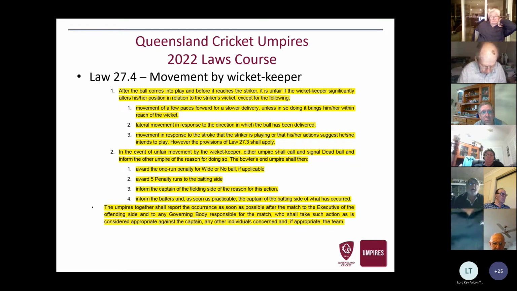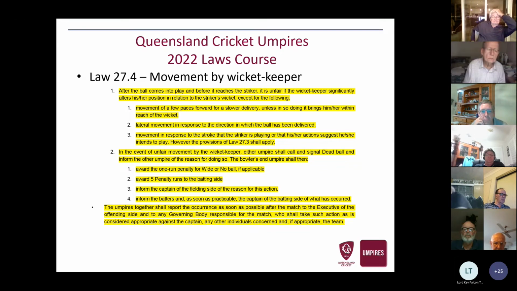So movement of a few paces forward for a slower delivery, unless in so doing brings them within reach of the wicket, lateral movement in response to the direction in which the ball has been delivered, or movement in response to the stroke that the striker is playing or that their actions suggest they intend to play. However, Law 27.3 still applies, so they need to remain behind the stumps.